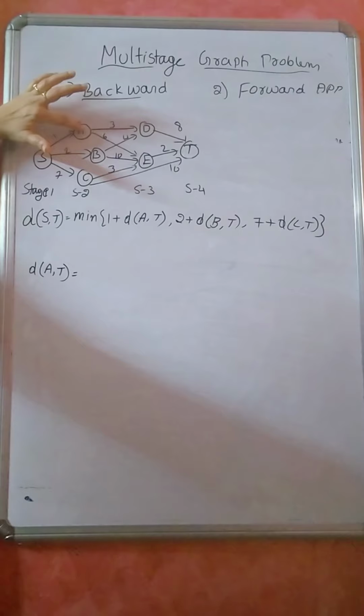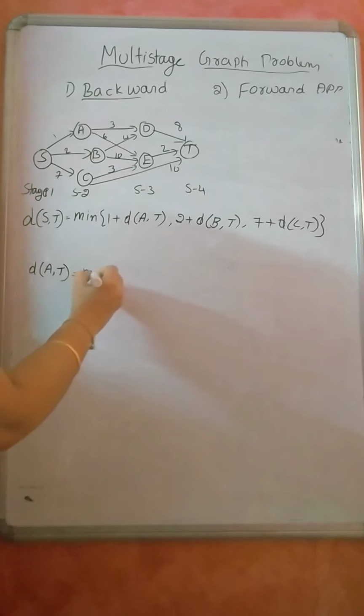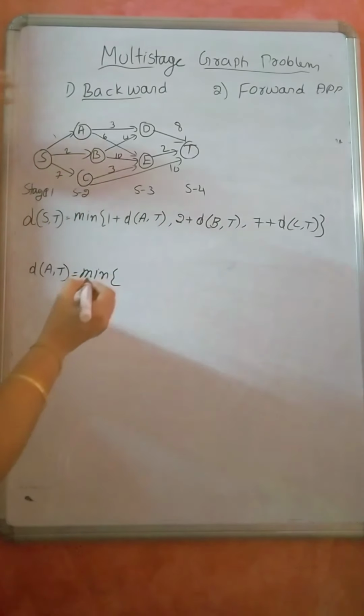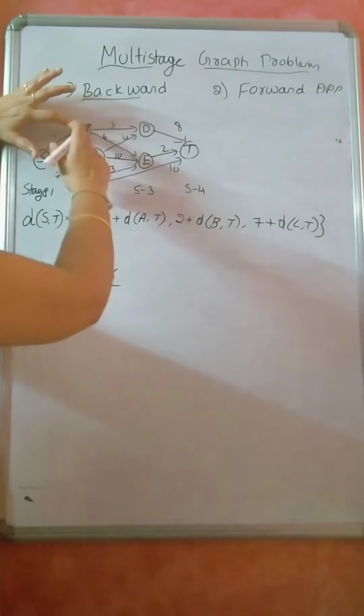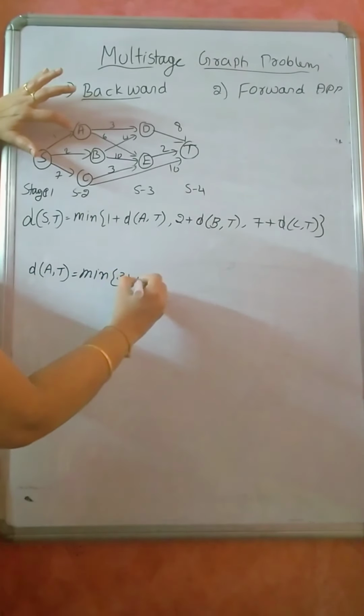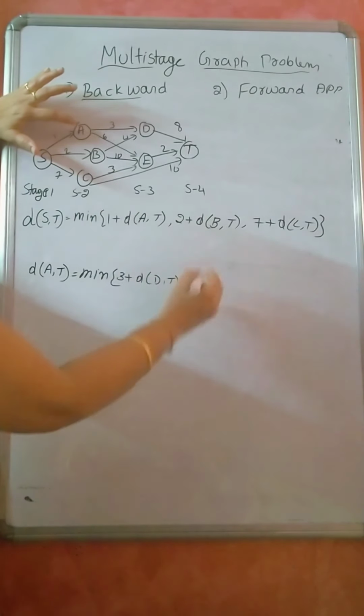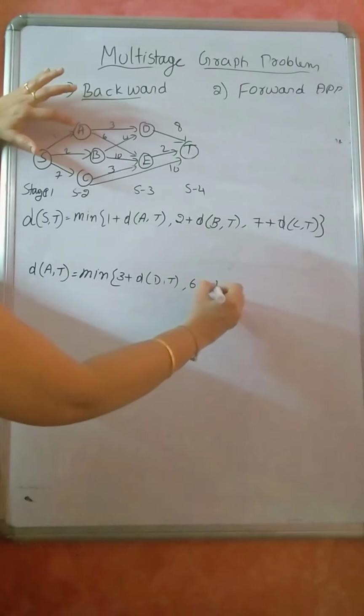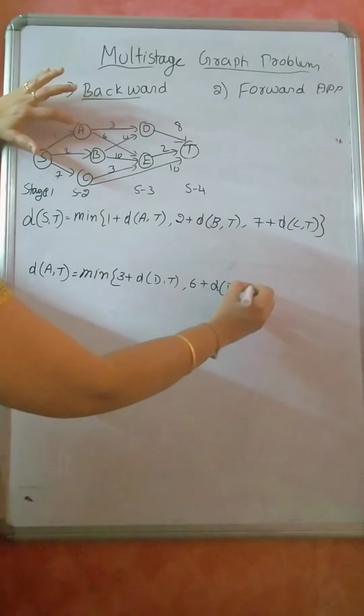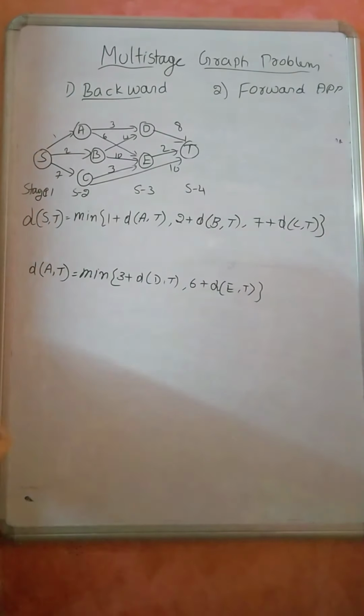How many outgoing edges are there from A? 2. Therefore, it is the min of 3 plus distance from D to T, and 6 plus distance from E to T. These are the two options.